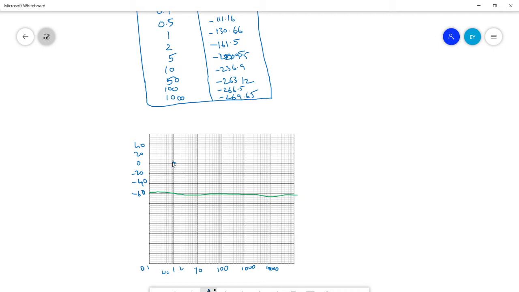From where it is starting, the starting point, and at omega is equal to 2, we got minus 20 dB. You can just draw with free hands till omega is equal to 2, this point.